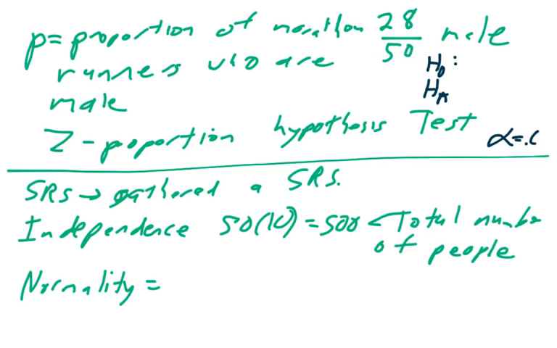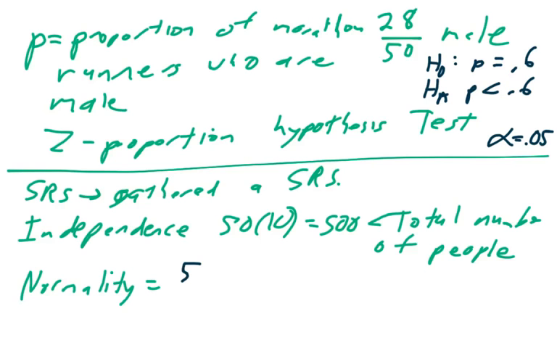So, we need to say that alpha is equal to 0.05, and the initial hypothesis is mine, which is that the runners are at 60%, so P is equal to 0.6, where yours is P is less than 0.6.